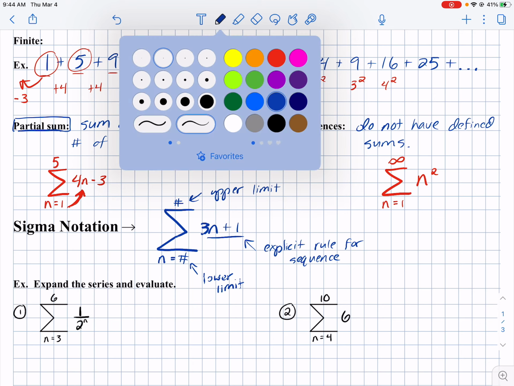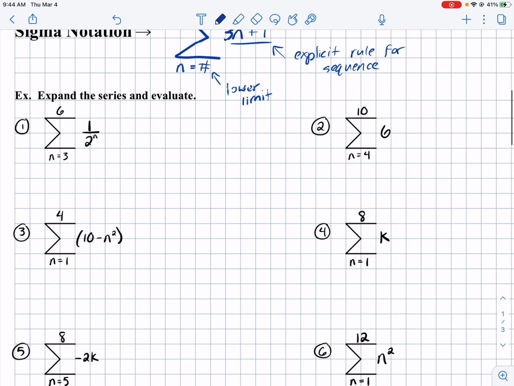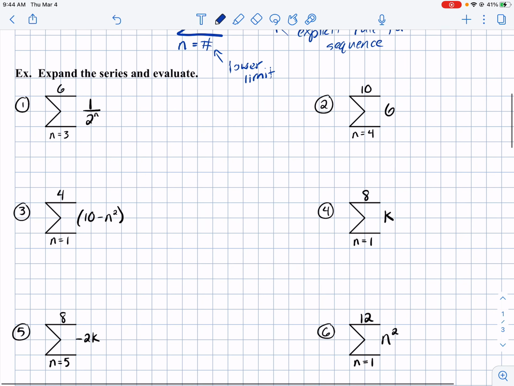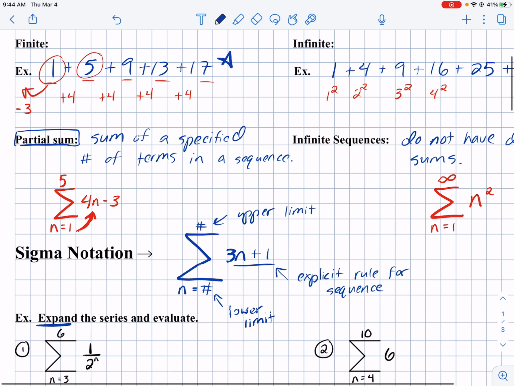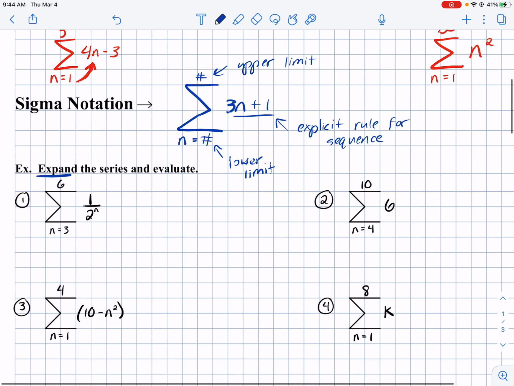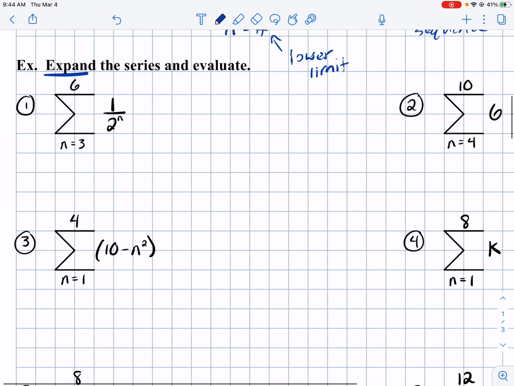All right, some examples down here. Let's take these series that are written in sigma notation, expand them, meaning write them out like you have right here, and then evaluate. Find the actual sum. Okay, so for this first one, our lower limit's not 1 here, it's going to be 3, so we're going to start with 3.